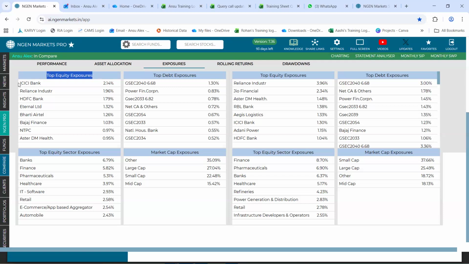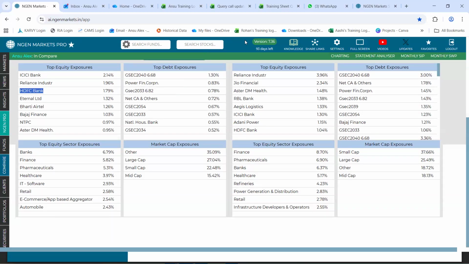You can see the highest exposure in this equally allocated portfolio comes from ICICI Bank, to an extent of 2.14, followed by Reliance Industries and HDFC Bank. However, in our aggressive portfolio, we see Reliance Industries has the highest exposure, to an extent of 3.96%, followed by Jio Financial and Aster Health, to an extent of 2.34 and 1.48.